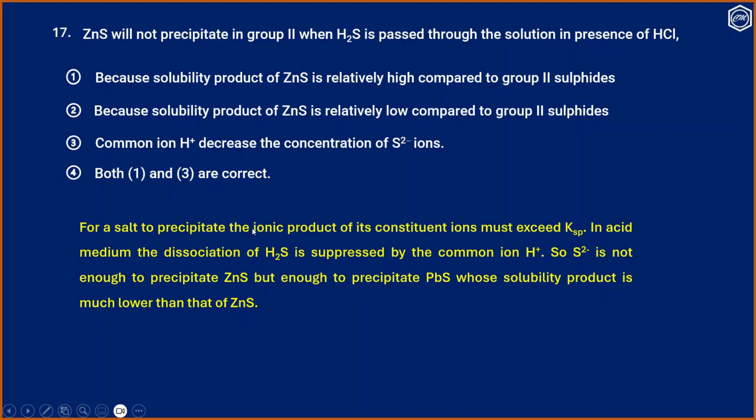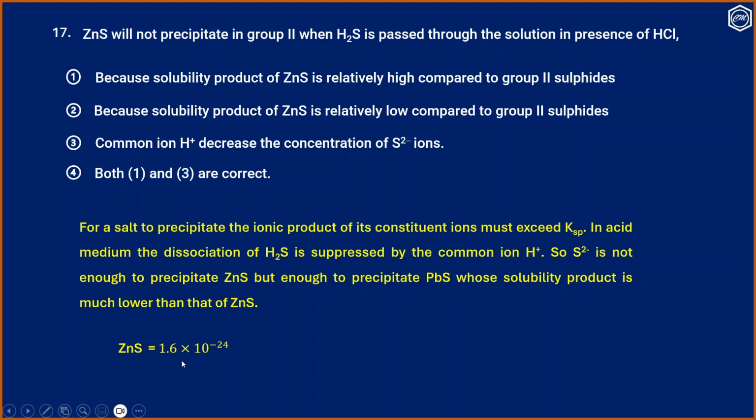For a salt to precipitate, the ionic product of its constituent ions must exceed Ksp. In acid medium, dissociation of H2S is suppressed by the common ion H+. So S2- is not enough to precipitate zinc sulfide, but enough to precipitate lead sulfide, whose solubility product is much lower than that of zinc sulfide.